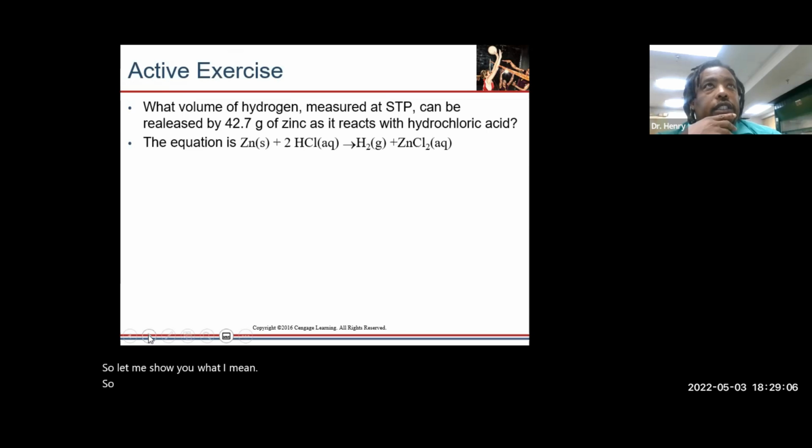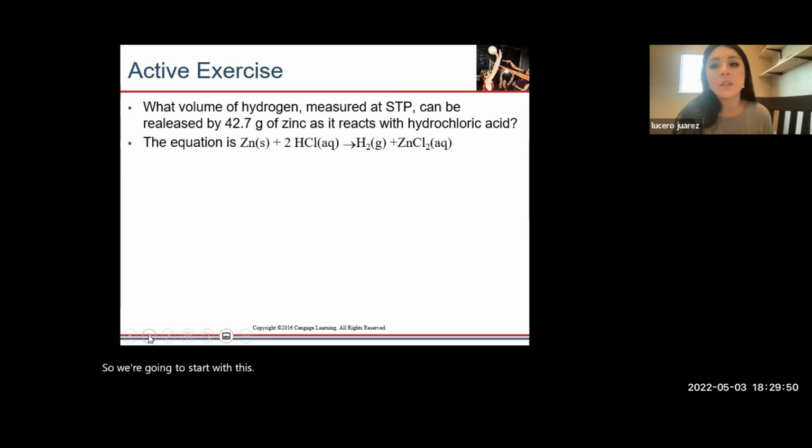What volume of hydrogen measured at STP can be released by 42.7 grams of zinc as it reacts with hydrochloric acid? We're going to start with our given.